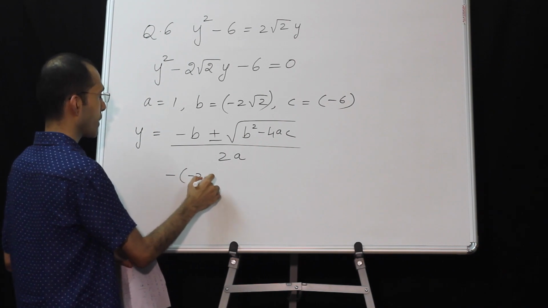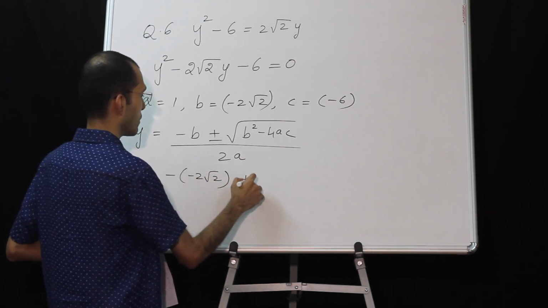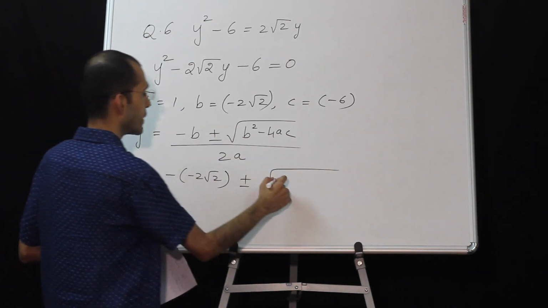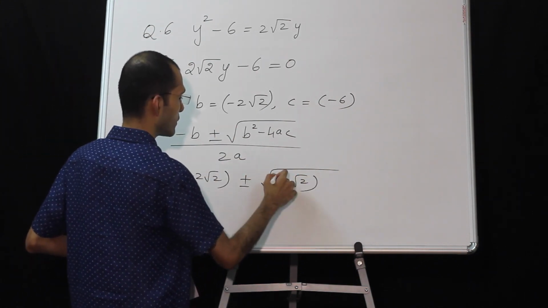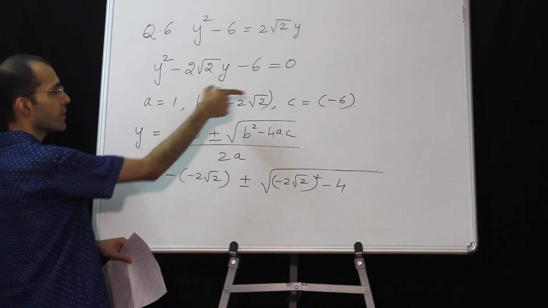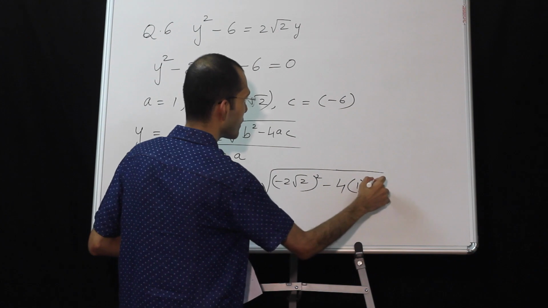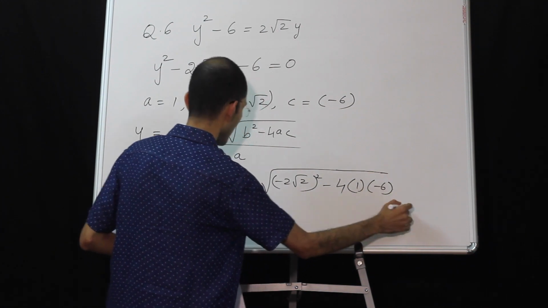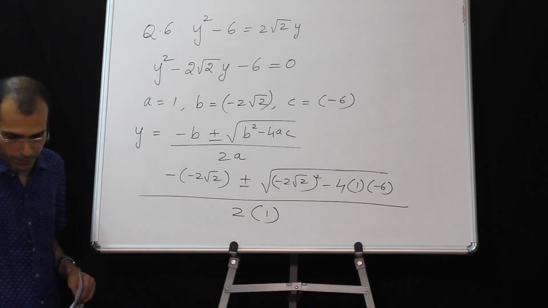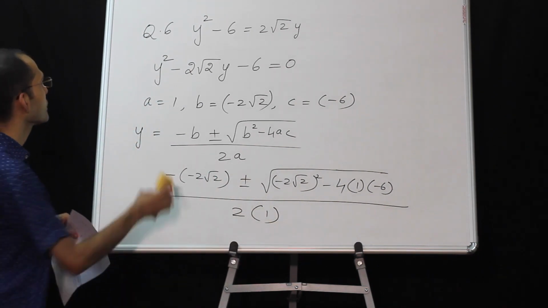So minus of minus 2 root 2 plus or minus square root of b square minus 4ac. So a is 1, simple substitution. The whole divided by 2a. Comfortable till here?